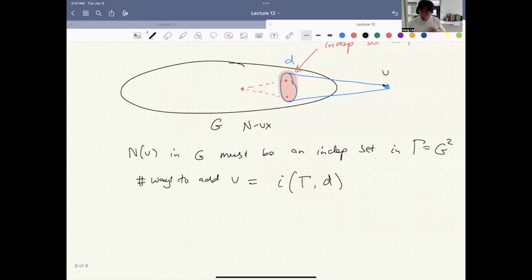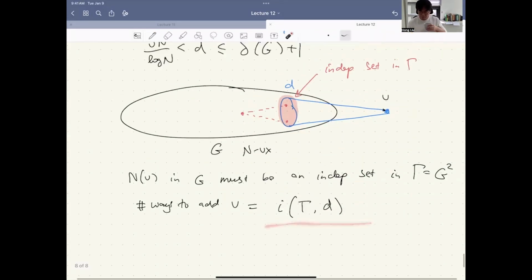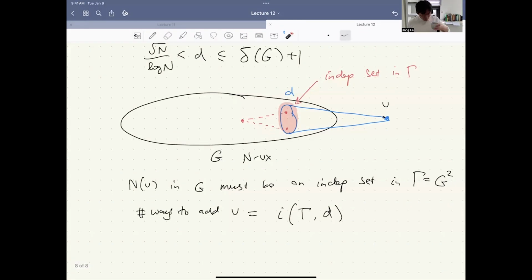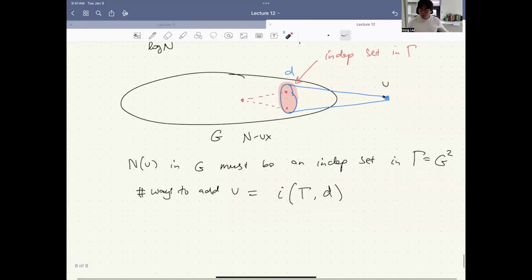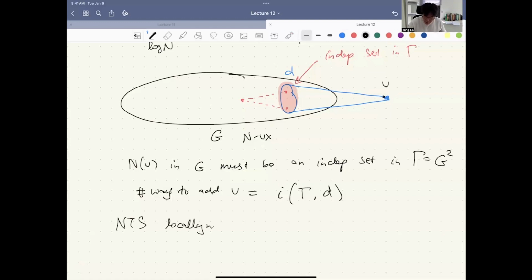So now our goal is to bound this guy. What do we know? Recall, we need to show local denseness of gamma, so we can use Kleitman-Winston.